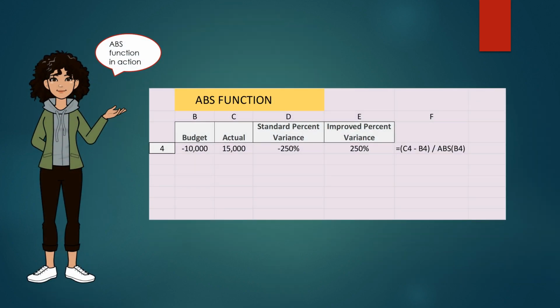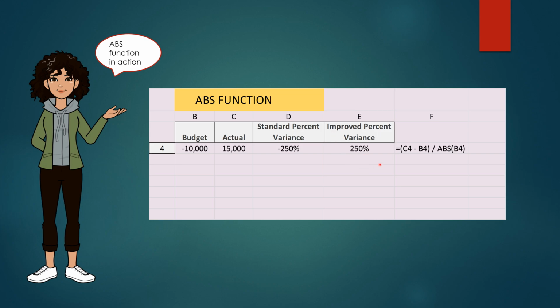So we are going to look at the absolute function in action. In column D, you can see the standard percent variance. If you calculate the percent variance using the budget as a negative number, you'll get a negative 250%. But when you use the absolute function, you'll get an improved percent variance of 250%.